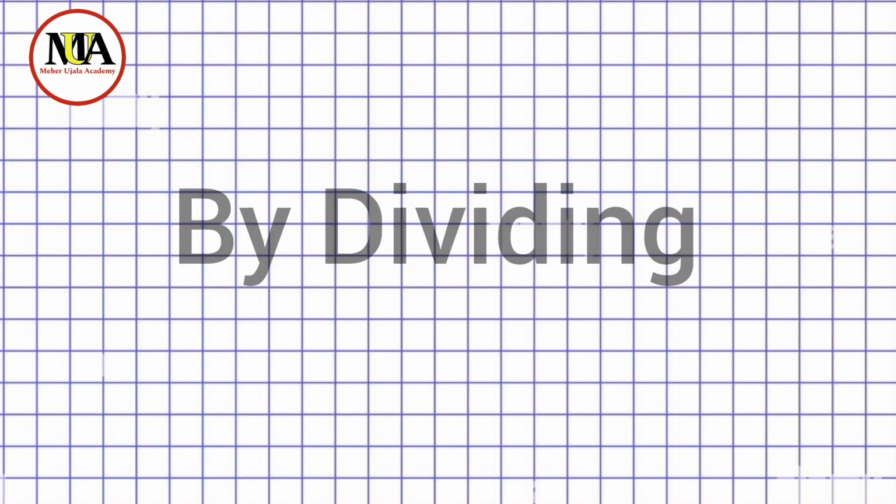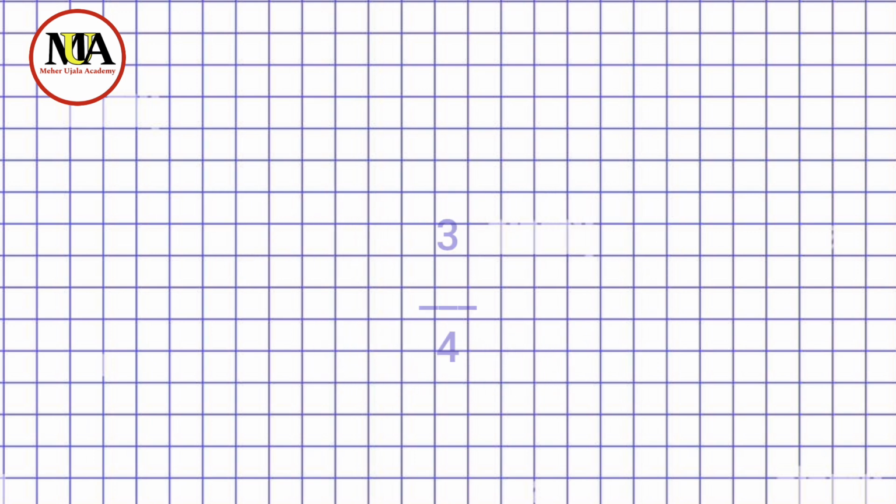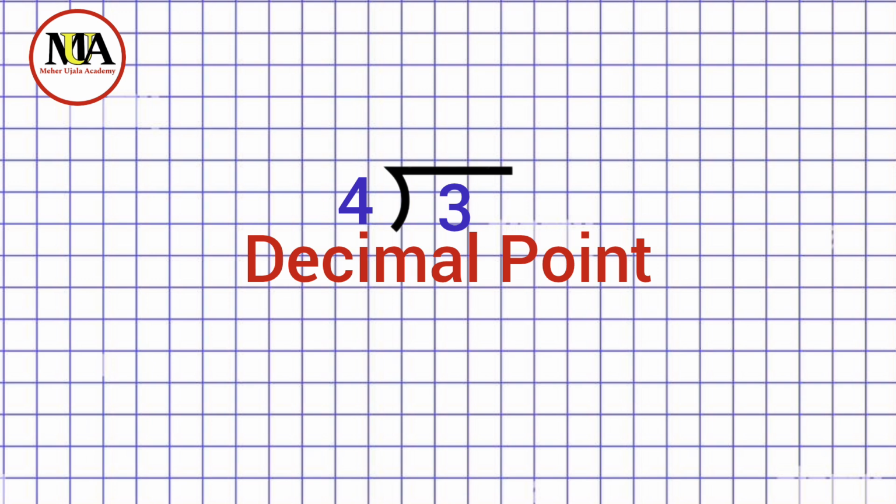Now, let's try converting the fraction 3/4 by dividing. And of course, we start by rewriting our fraction like this, 3 divided by 4. And again, we run into the same problem. 4 is too big to go into 3. So it looks like we are going to need a decimal point here too.